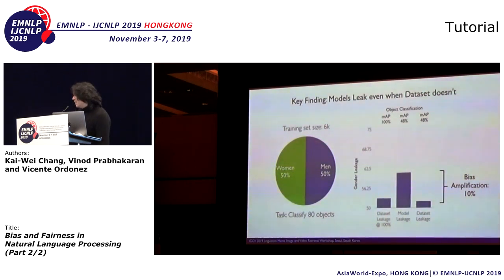By the way, balancing the dataset is not easy because this is not a binary classification task. It's not like kitchen, no kitchen, where we could say, okay, we're going to have half the images of kitchen with men and the other half with women, half of the images of no kitchen with men and the other with women. This is multi-label classification, and the objects co-occur a lot with other objects.